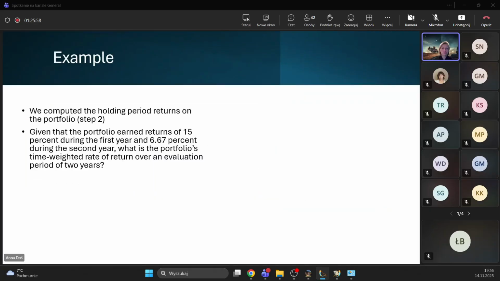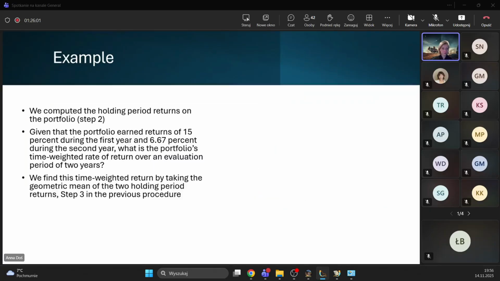In the example, we have the portfolio that earns 12% at the beginning. It should be 12 here, sorry, 12 should be here, yes, because 12 is here in our formula, okay?